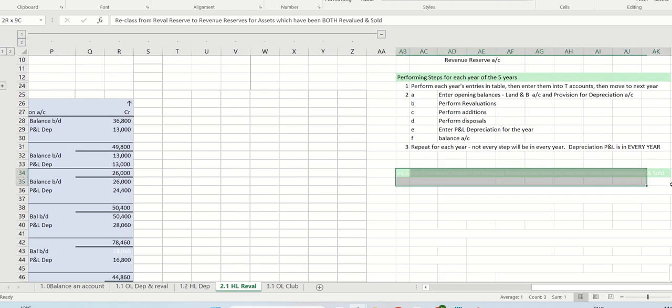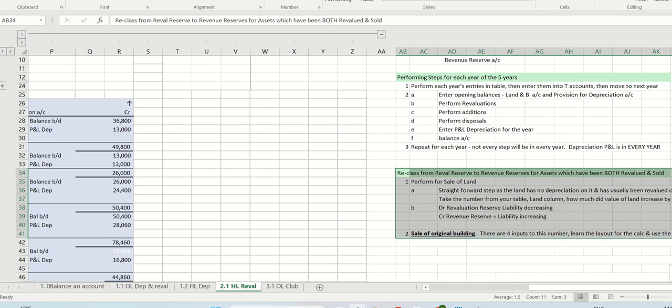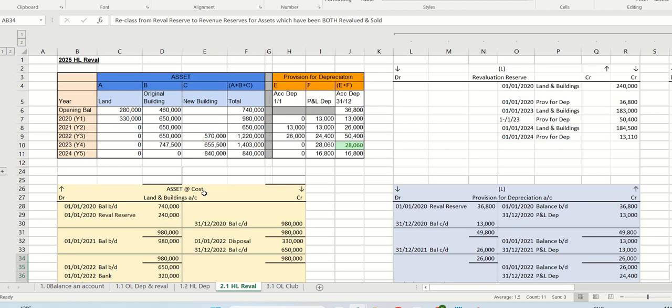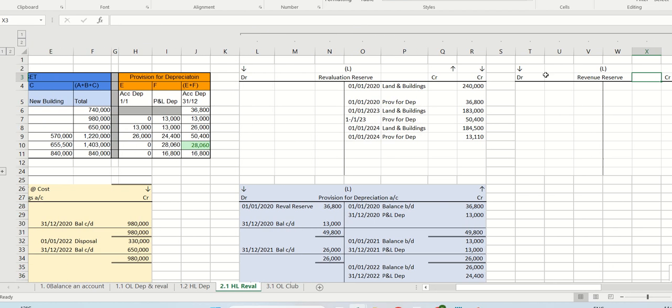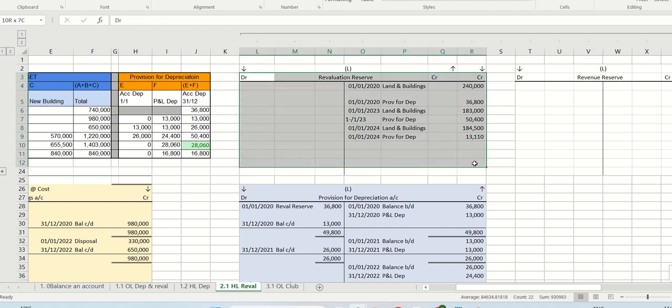The final part that we need to do is we need to deal with assets that are revalued and sold. There is extra steps required for them. If an asset has been revalued and sold, we need to do a reclass between the revaluation reserve and another reserve called the revenue reserve, because it means if your numbers in this account, it means I think that my assets have gone up in value.